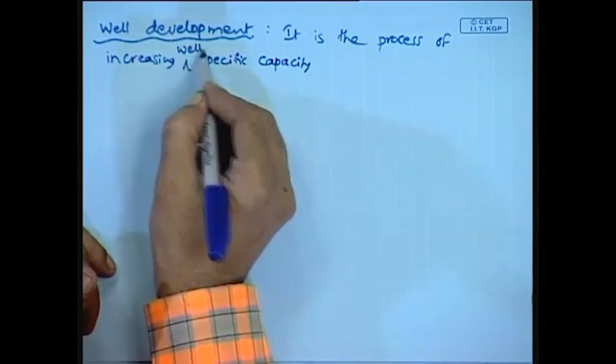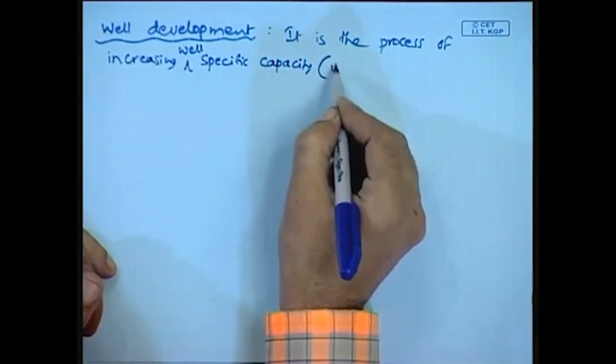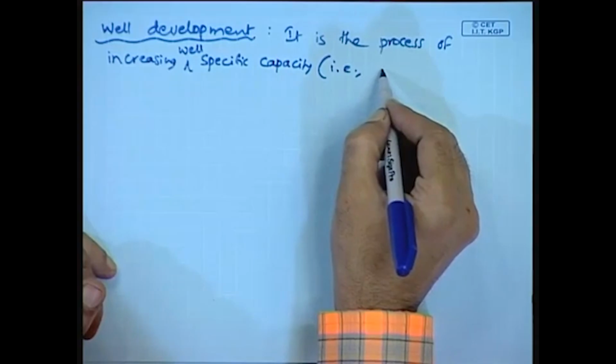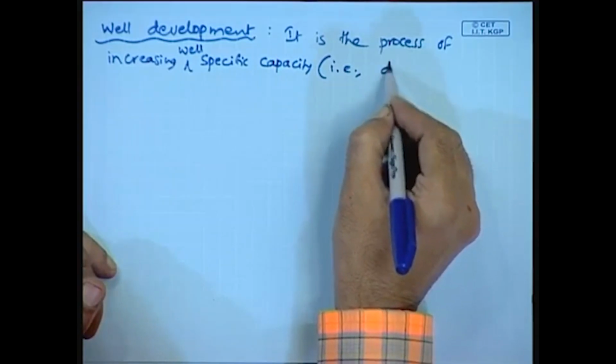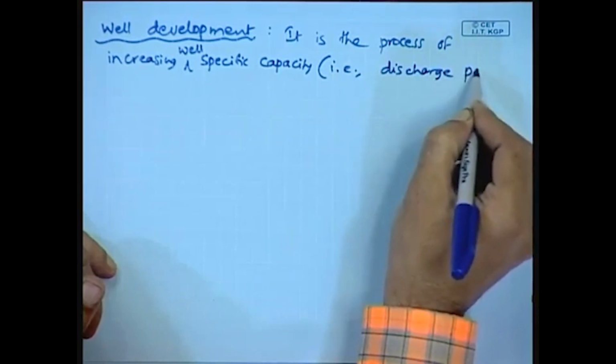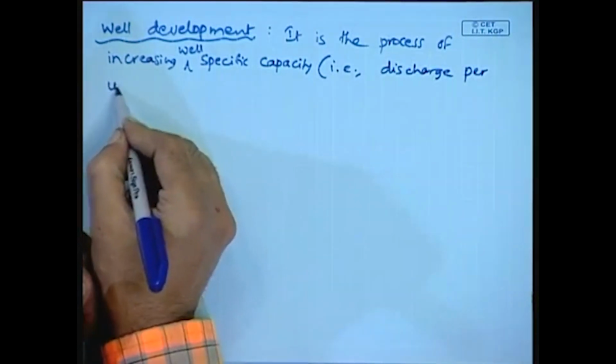Increasing well specific capacity, and let us recollect here, a specific capacity is the discharge per unit drawdown, that is a specific capacity.